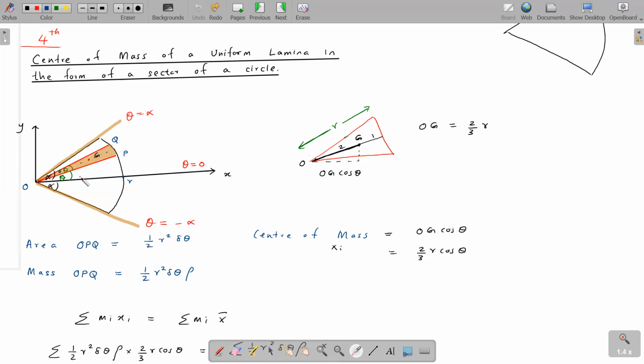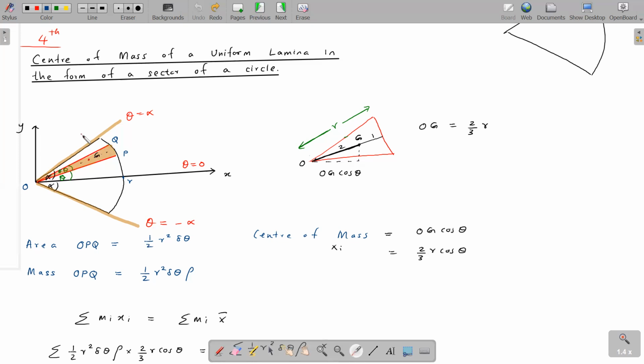If this angle is delta theta, then the angle up to the strip you mark as theta. So theta is a general angle here, and delta theta is a very small change in theta.